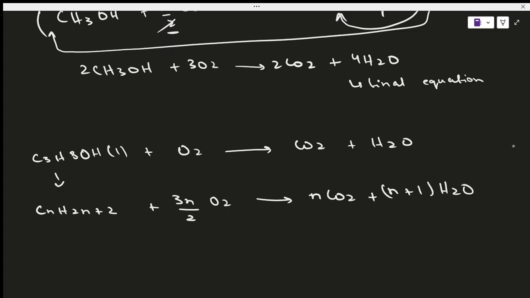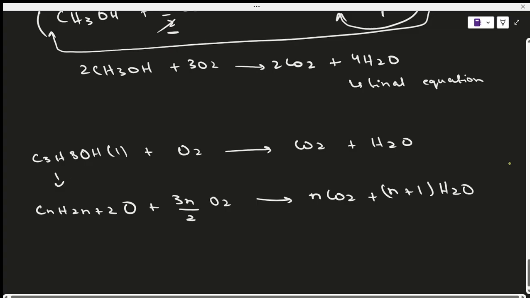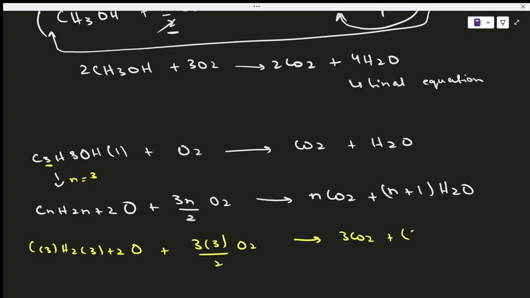So what we're going to do next, and here you have an oxygen molecule as well, because we changed the formula. Now, here the value of n is equal to 3. The carbon is 3. So you're going to place it quickly. Okay, so this is C3H(2×3+2)O plus (3×3)/2 O2. This is 3CO2 plus (3+1) H2O.